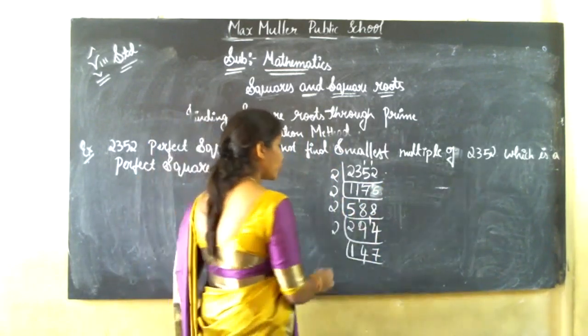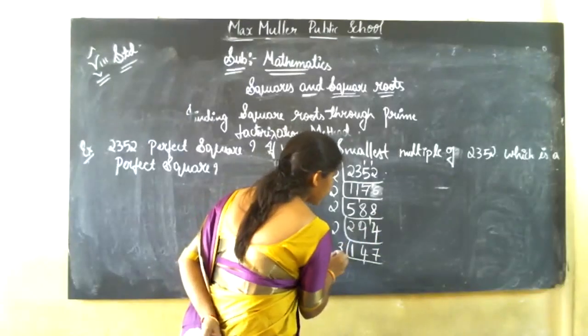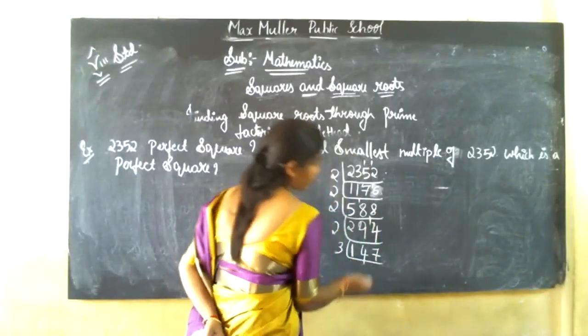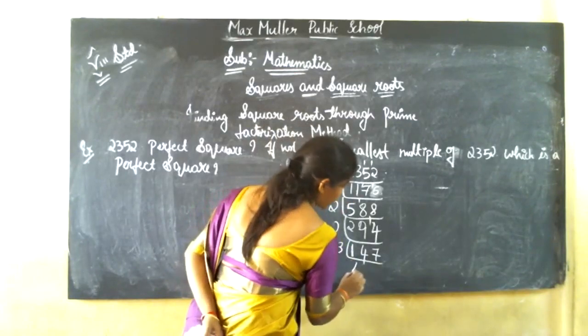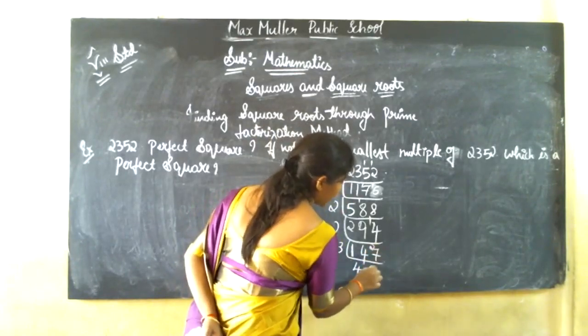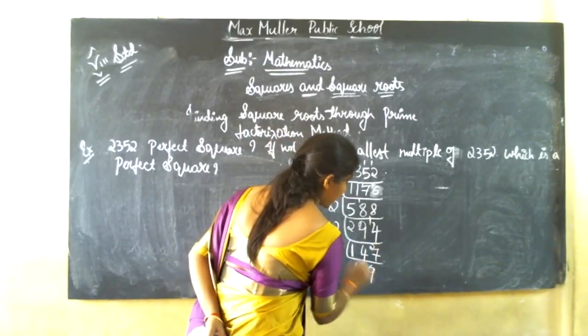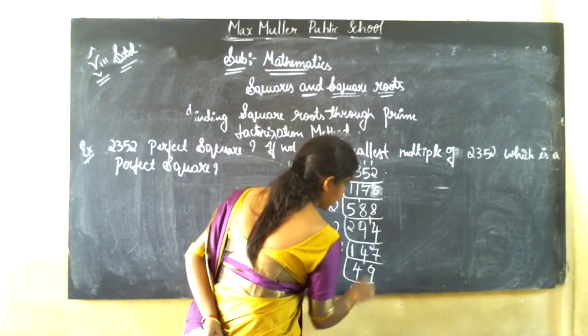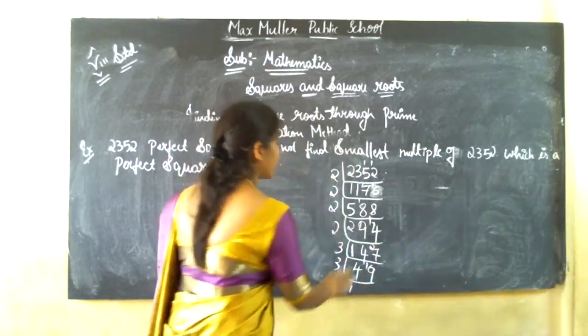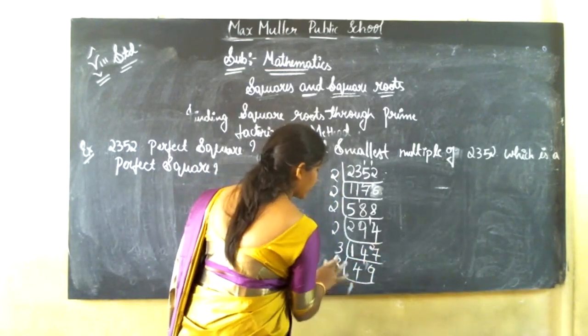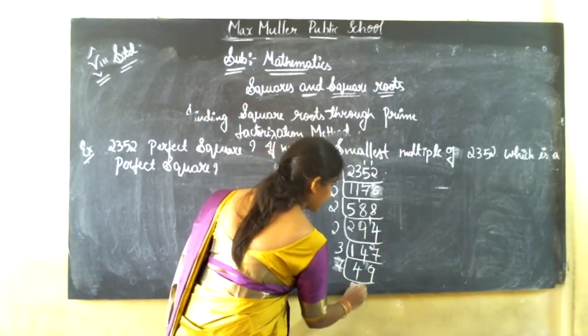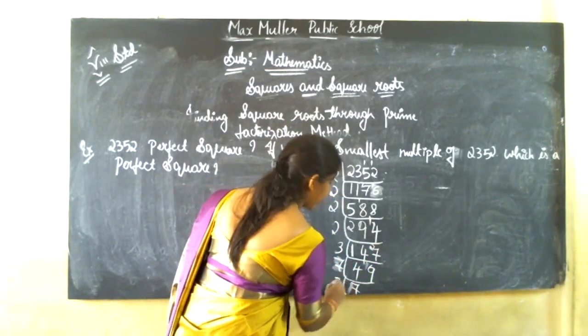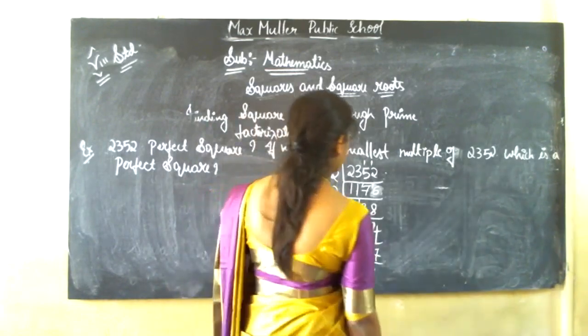So better go to 3. 3 4s are 12, 2 carry, 3 9s are 27, 3 1s are 3. So here 1 carry it will become, so better go to the direct number. 7 7s are 49, 7 1s are 7 finally.